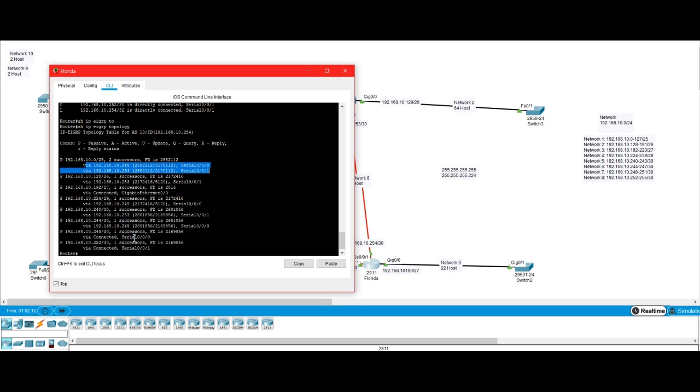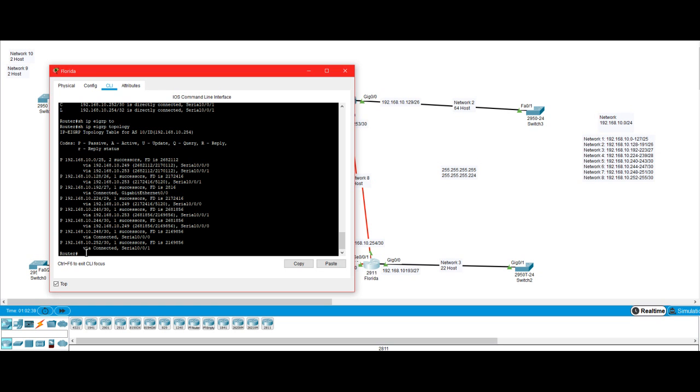But since this network is fairly small, there are no feasible successors. And there's a way to handle that. You can turn off auto summary for one.